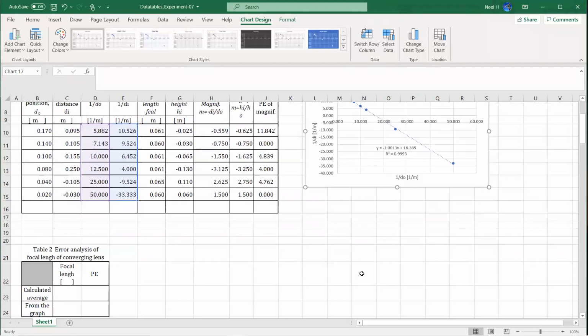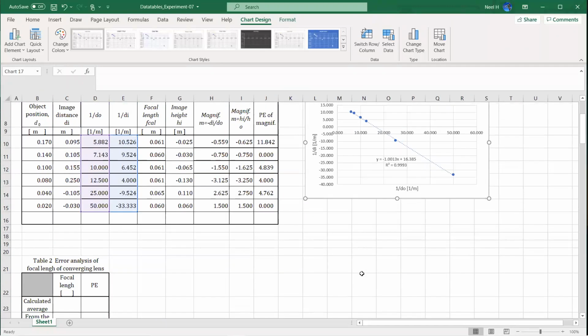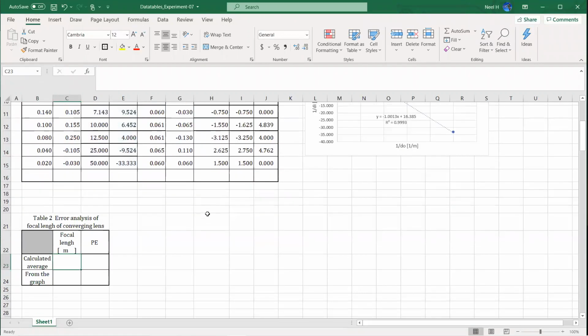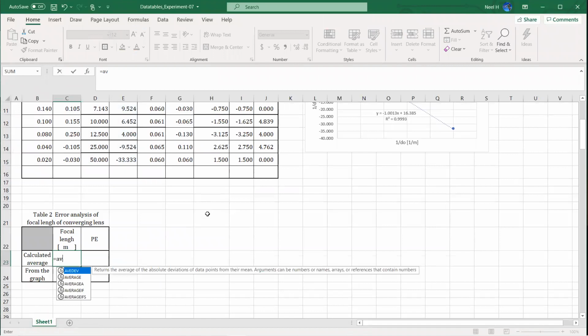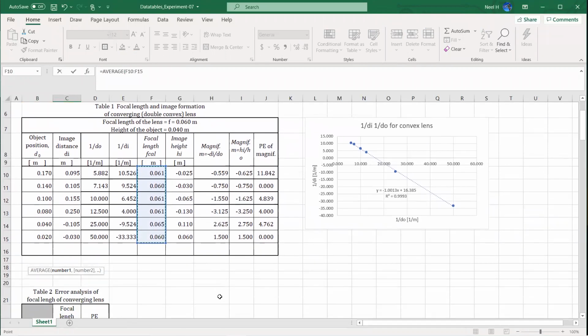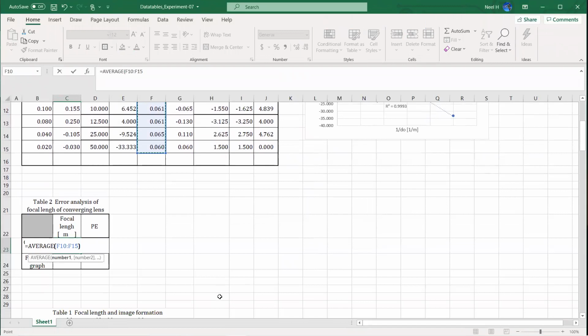From that, we should be able to calculate the focal point. Let's do it here on table number 2, focal point analysis. So we have the focal point calculated earlier on table number 1. We can take the average, equal average, and the focal points we calculated earlier on cells F10 to F15, about 0.061.